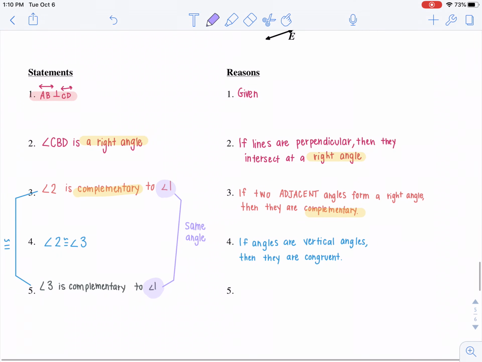So we can say that if angles are congruent, then they are complementary to the same angle.